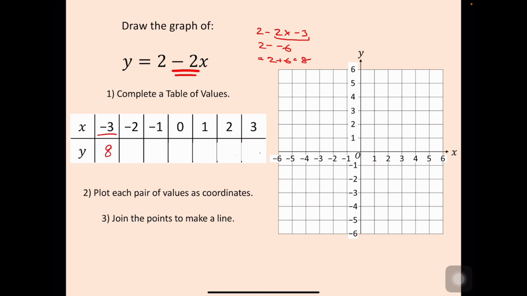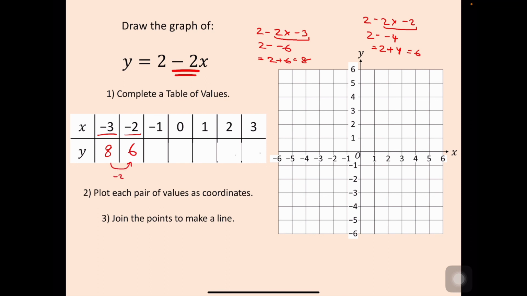Let's do another one. 2 take away 2 multiplied by negative 2. So we're using this x value. This is 2 take away 2 multiplied by negative 2. So that's negative 4, which equals 2 plus 4, which is 6. And look at the pattern here. We're taking away 2.